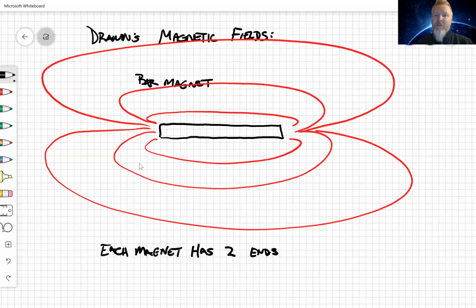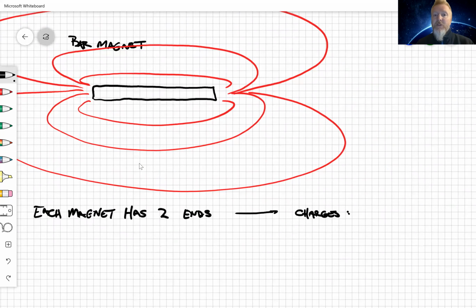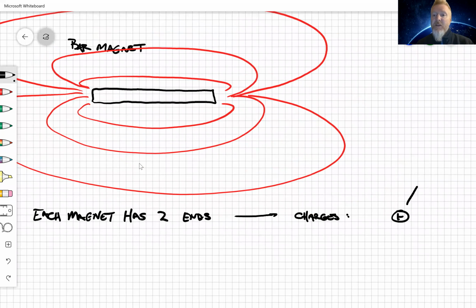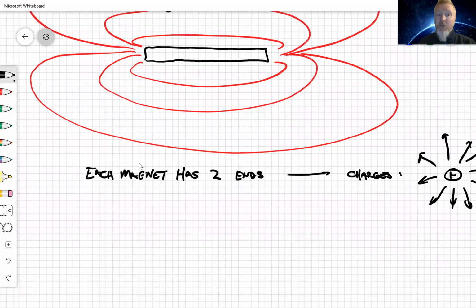Now, the reason I put magnets have two ends is because charges don't. Charges, you have a positive charge and it just comes out. There's no going back in unless you put a negative charge somewhere nearby, right? So the magnets always have an in and an out. In other words, they're always dipole-ish, okay?